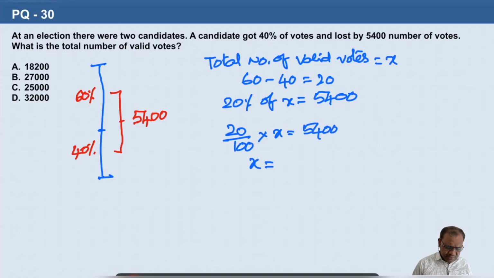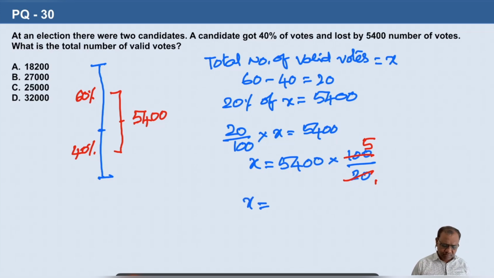X is equal to 5,400 multiplied by 100 by 20. So this is 2 ones, 2 fives are 10, so what is remaining? X is equal to 5,400 into 5, and 2 zeros. 5 fours are 20, 5 fives are 25 plus 2, 27. So 27,000. These are the total number of valid votes. Option B is the right answer.